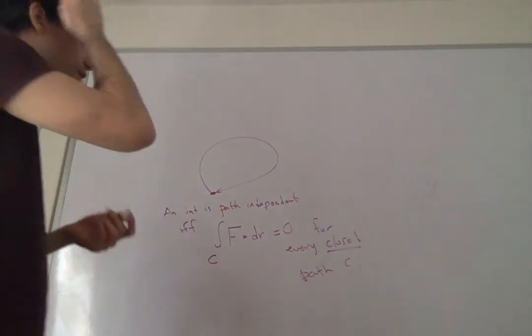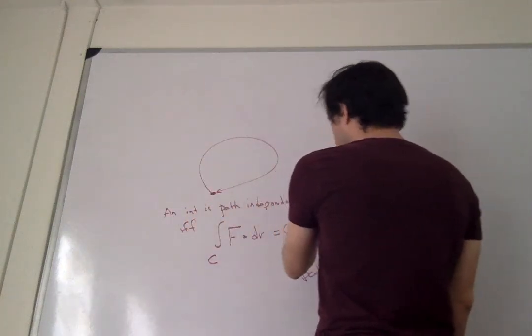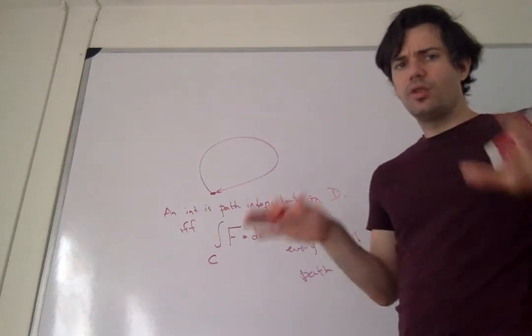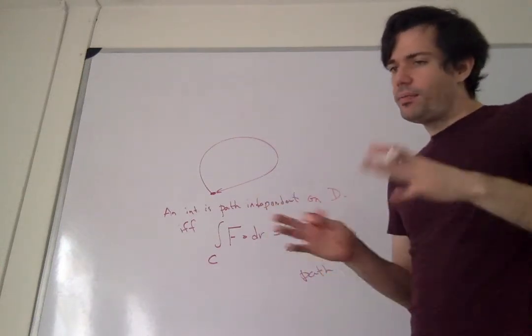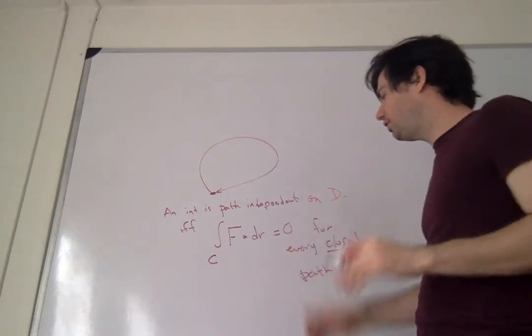Okay, so the emphasis here is closed path. Let me explain why this is the case. So this is path independence on a domain D. So there's some region of space, maybe not all of space, but some particular region.